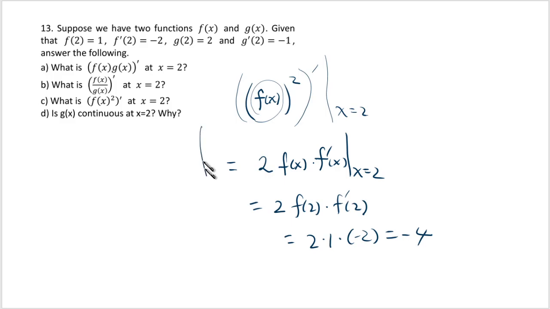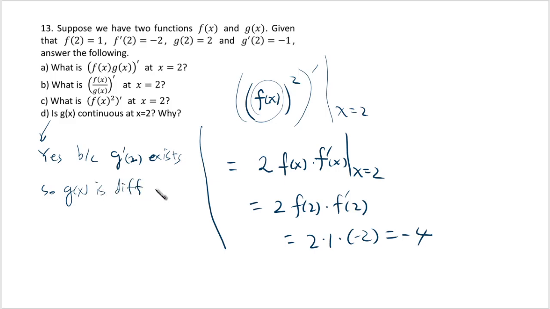Now finally, this part D, is g continuous at x equals 2? And the answer is yes, because g prime of 2 exists. It's negative 1, right? So g of x is differentiable at x equals 2.